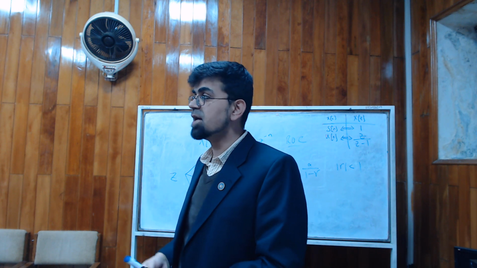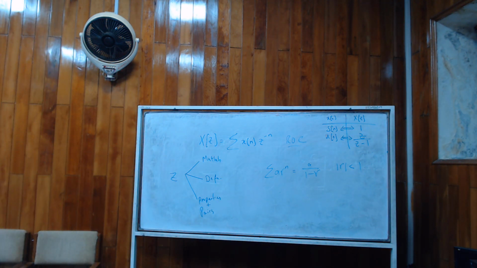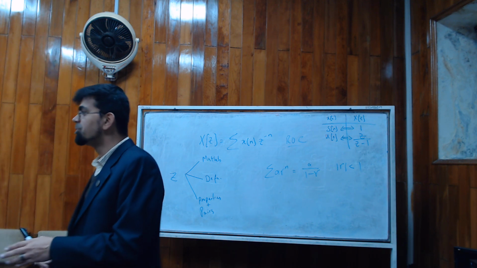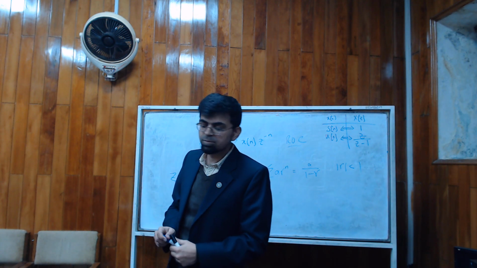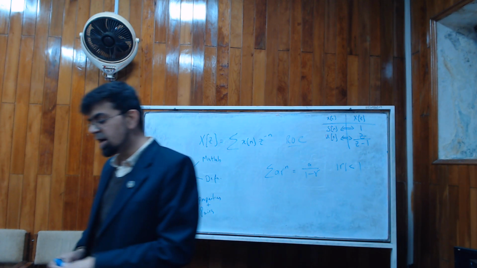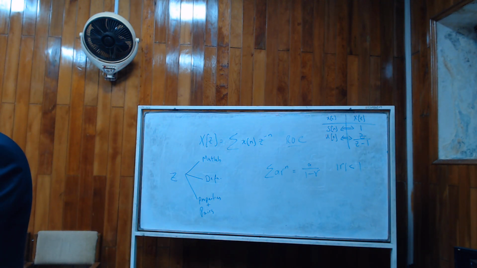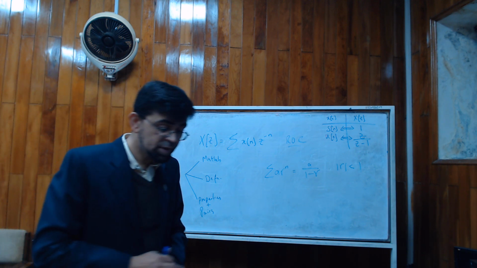I provide it in the exam, but having the table in the exam is not enough if you're going to look at it for the first time in the exam. Believe me, in most cases you will end up using the wrong formula, or even if you find the right pair, you may end up using it incorrectly. So familiarize yourself.